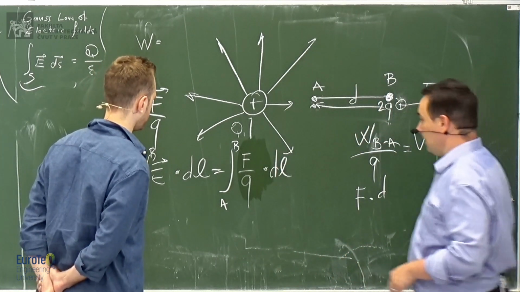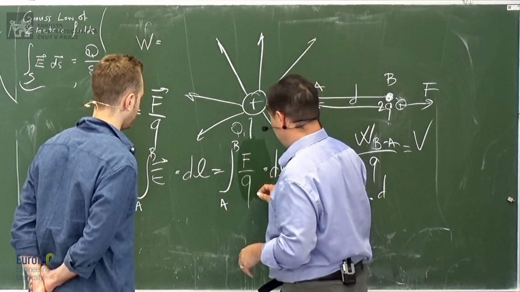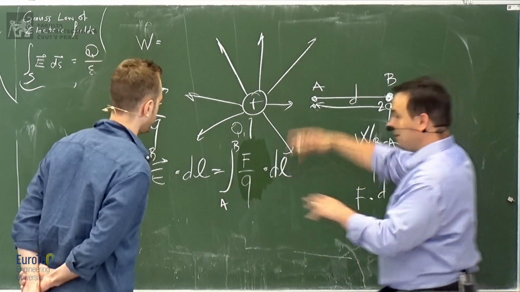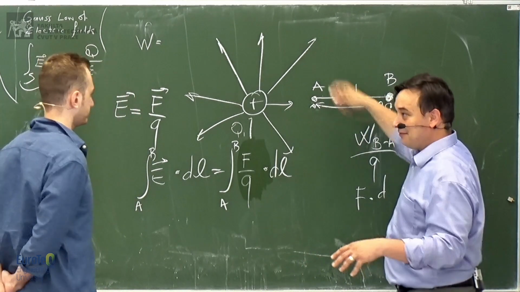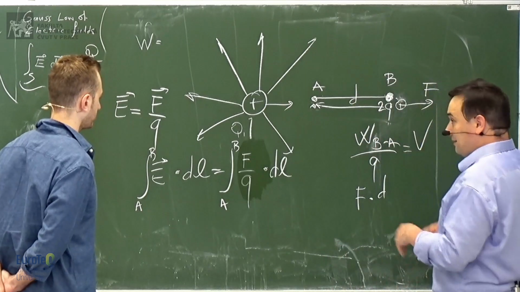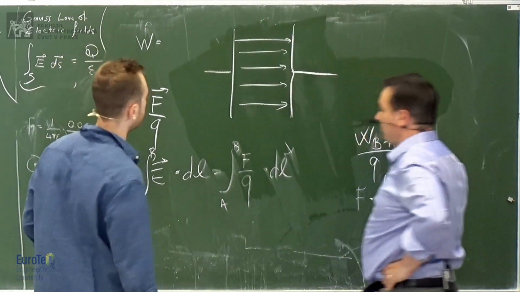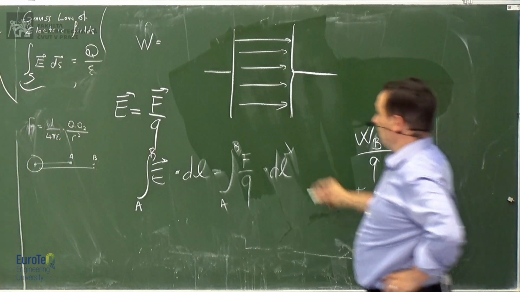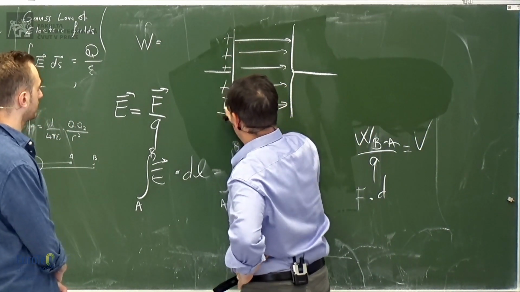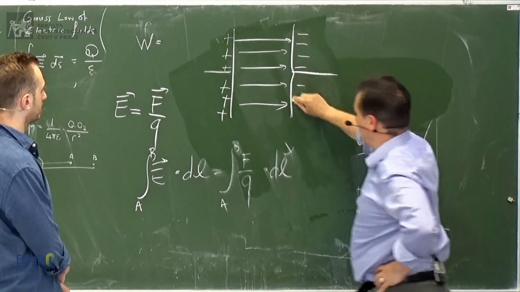Let's say that this field is uniform, just to be simple. Here it's not, so you should integrate something which drops down with the distance and so on. Let's say that we have a capacitor like this, so you have positive charges here and negative charges here.